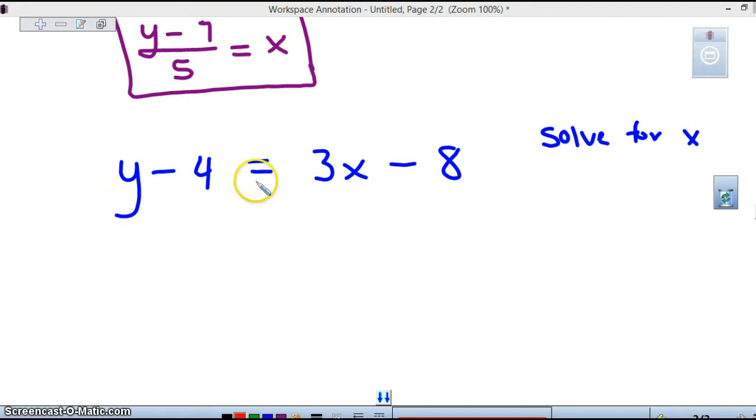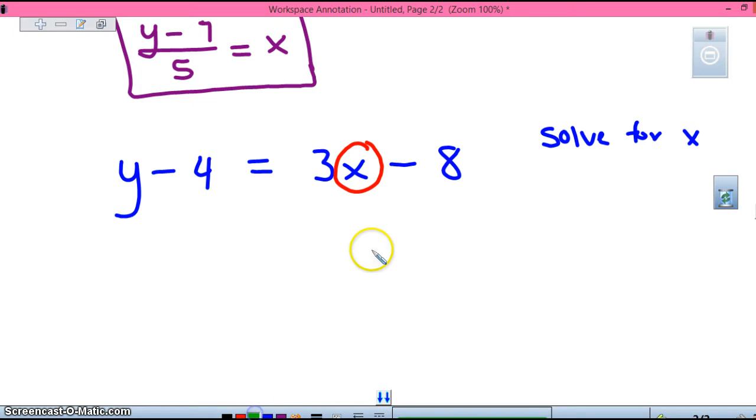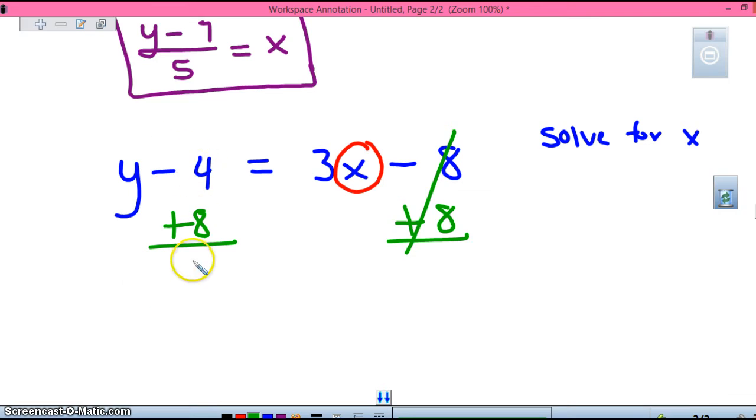If we have y minus 4 equals 3x minus 8 and we have to solve for x, what do we have to get rid of first? 8. So that means plus 8 and plus 8. Negative 4 plus 8 is what? 4. So y plus 4 equals 3x.